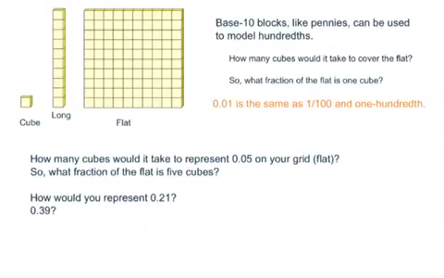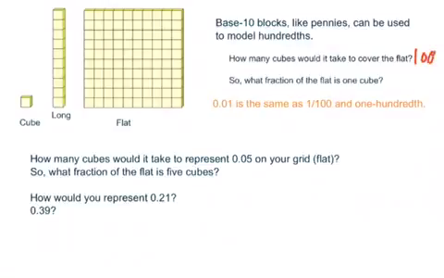Okay, then let's look at hundredths. Base 10 blocks, like pennies, can be used to model hundredths. So now we're talking about that little cube. The little baby cube, how many of those would it take to cover the flat? Think about that. Let's see, if it takes me 10 longs, and there's 10 cubes in a long, hopefully you can do that math, and you would end up telling me that it's 100.